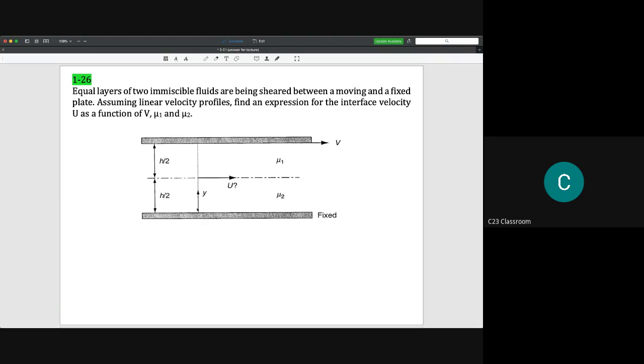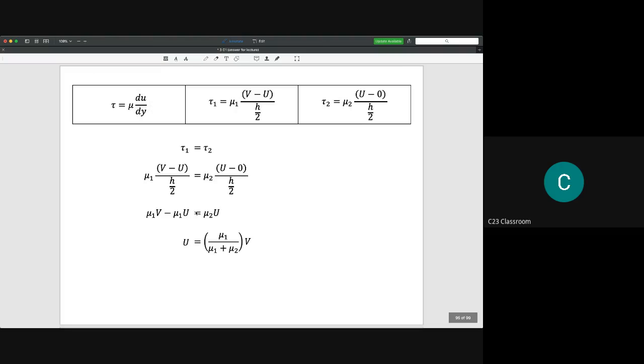Because at the bottom plate, molecules stick together very hard and create a no-slip condition, the velocity at this location is equal to 0. And then we equate the tau here. So we have this term, and then we could say that u is equal to mu1 over (mu1 plus mu2) times V.